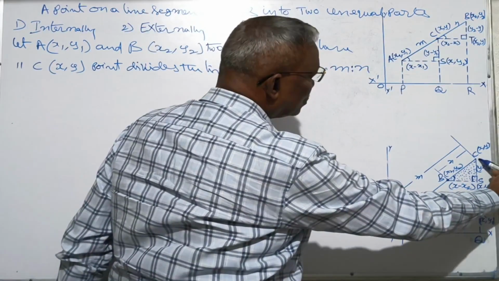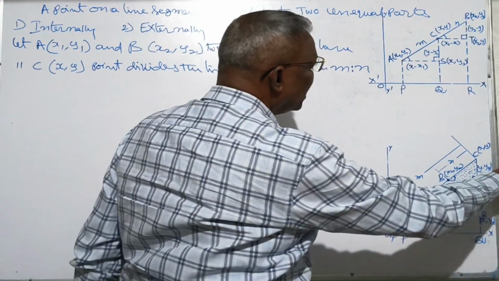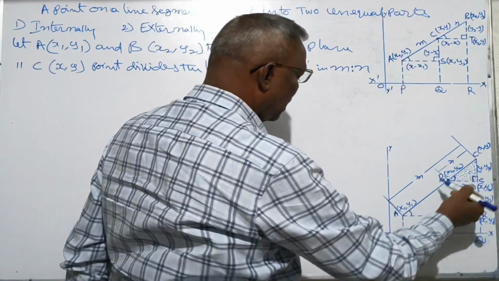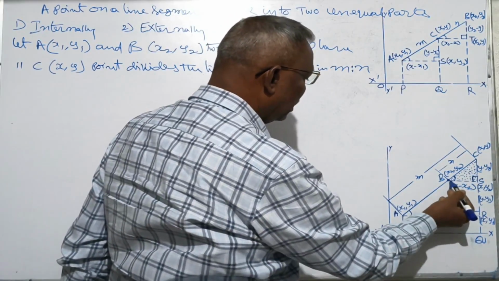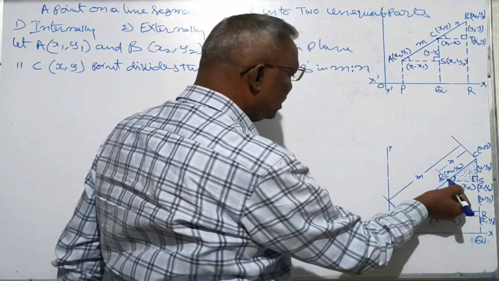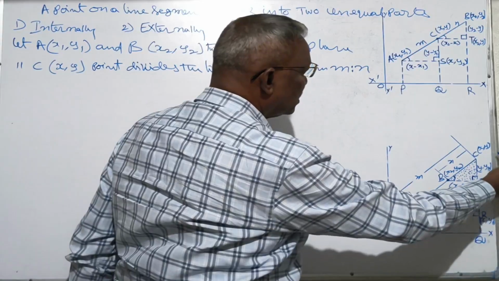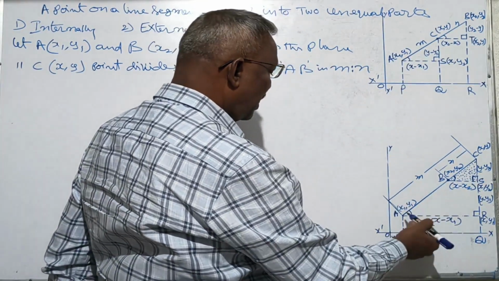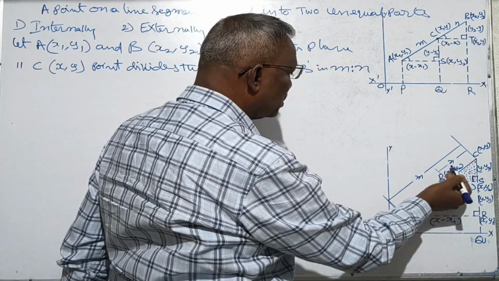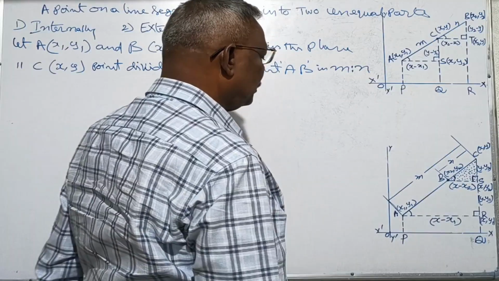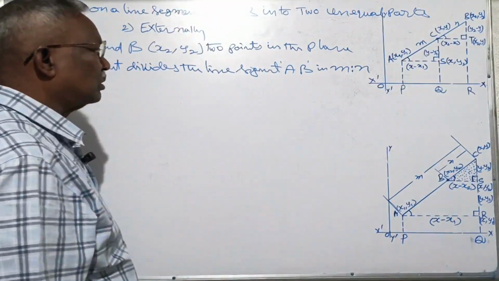Point C is outside of the line segment. That is externally. The line segment is AB, and C is outside, that is externally. It divides the line segment in m is to n ratio.